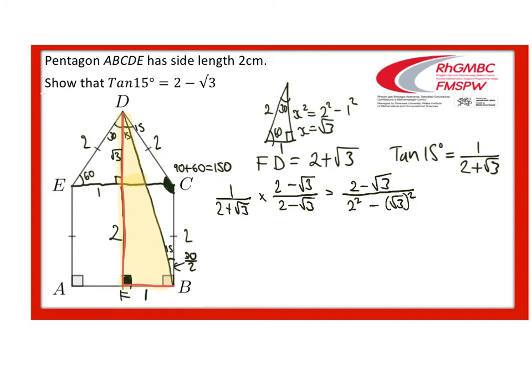So in the denominator what we get is 4 minus 3, which is 1. So we get tan 15 degrees equals 2 minus root 3, as the question asked.